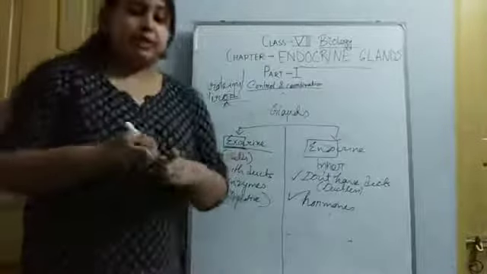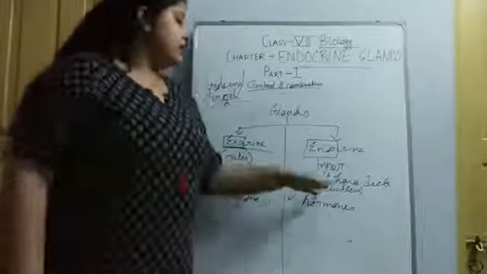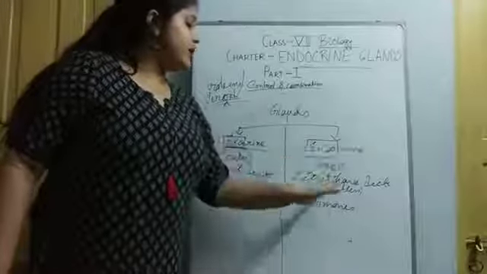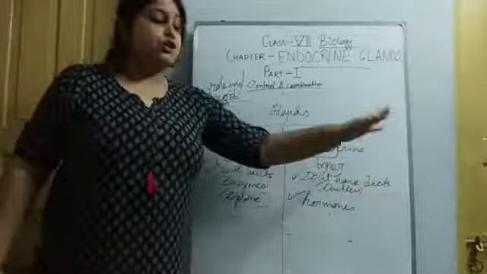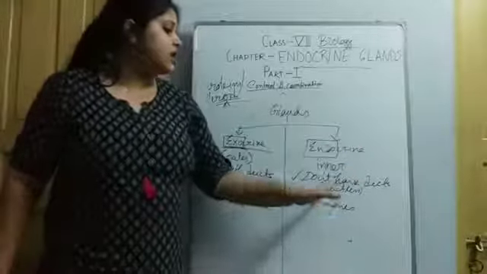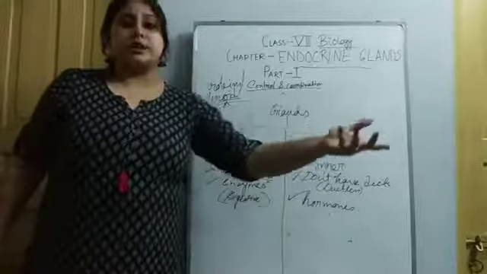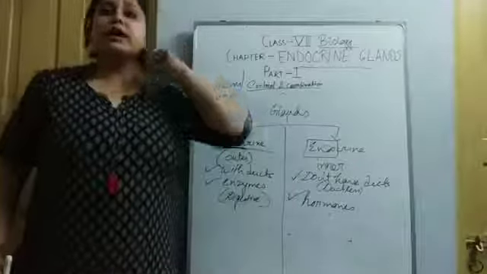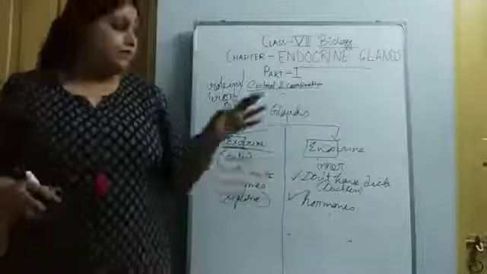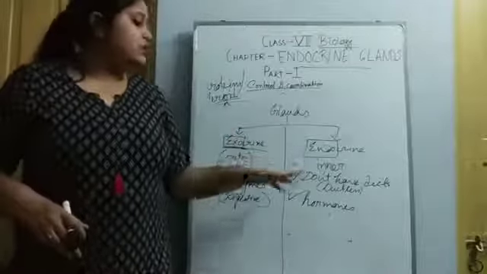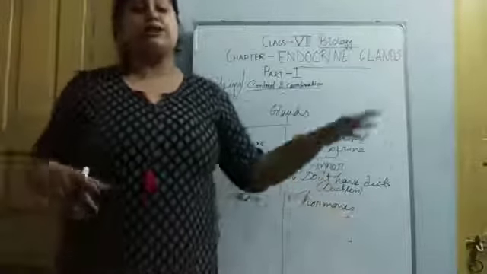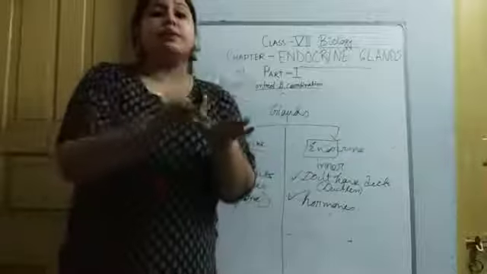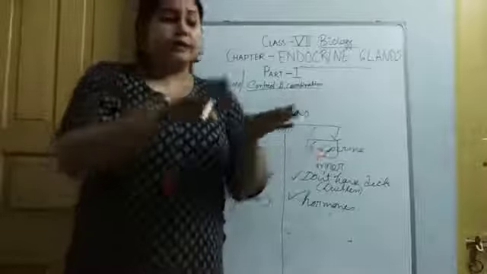As I told you, the endocrine glands don't have any ducts, so how do the hormones travel to the target cell? It's not that the glands which secrete the hormones and the target cells are always present nearby.